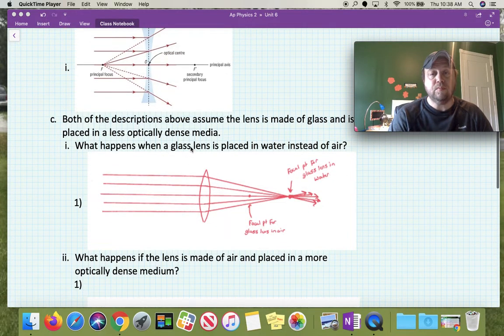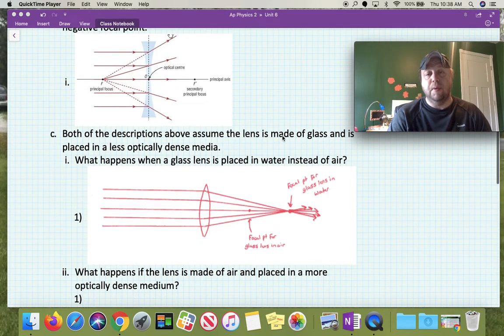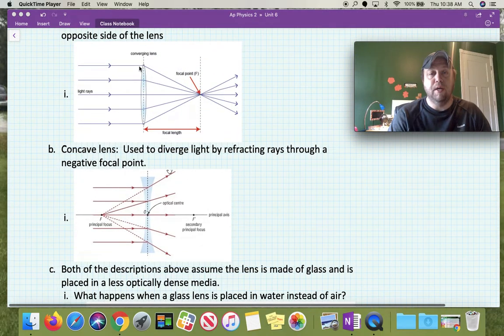All right, I already discussed this, but both of the descriptions above assume the lens is made of glass and placed in a less optically dense media. So hence, glass in air. If we take this image right here, notice where the focal point is. It's pretty close to the lens.